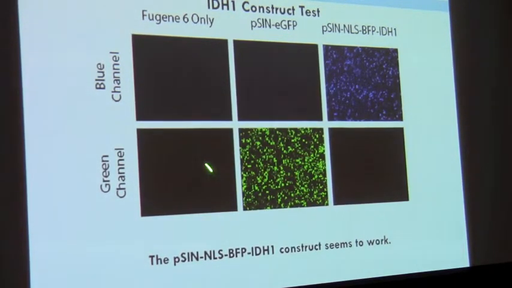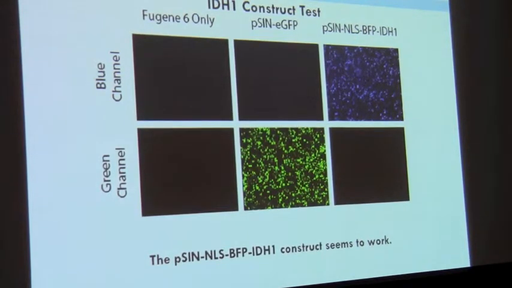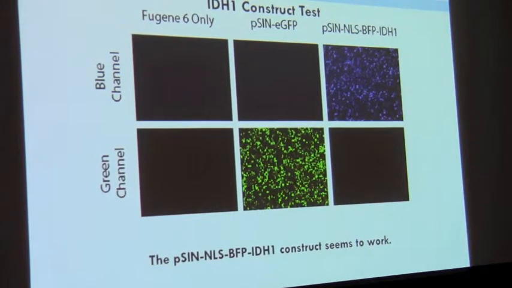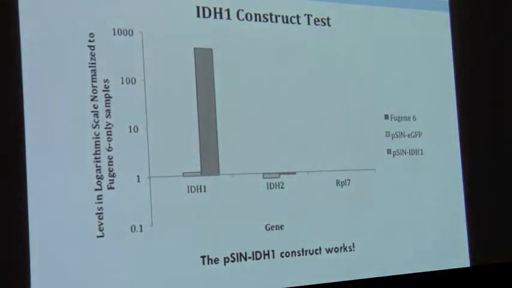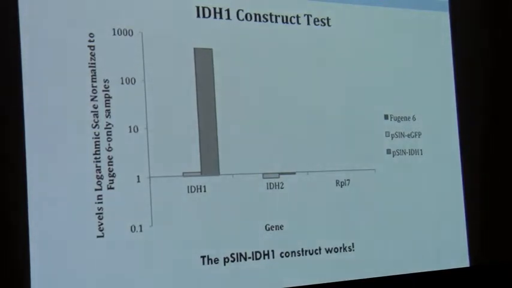Our controls behaved as expected, and the sample we had transfected with the overexpression vector turned blue. We also measured gene expression levels with qPCR, and our controls behaved as expected, and IDH1 was definitely overexpressed in the sample that we had transfected with the IDH1 overexpression construct.